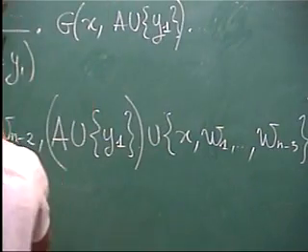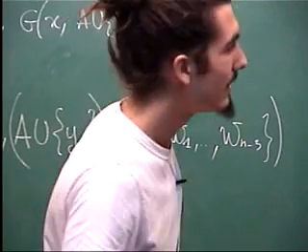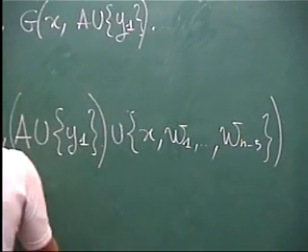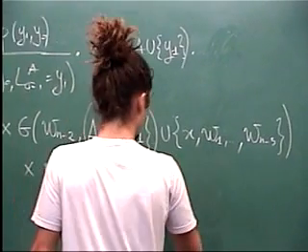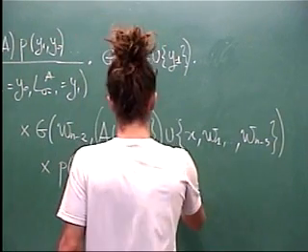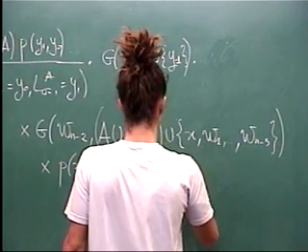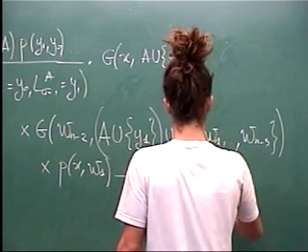This is a bit of calculation, I'm sorry. x, w1, up to, so I'm in w1, then I want to go from n minus 2 up to y1.